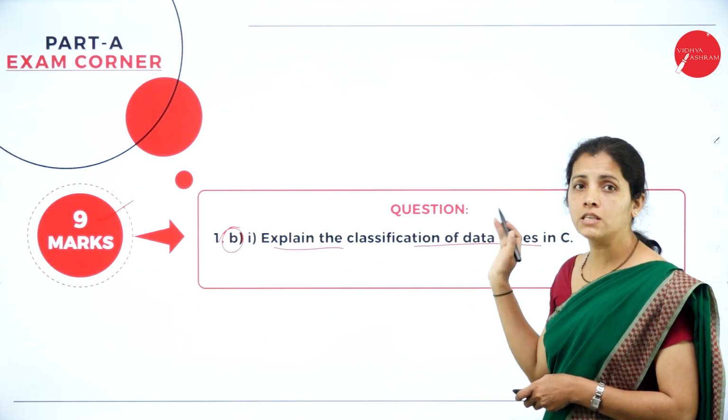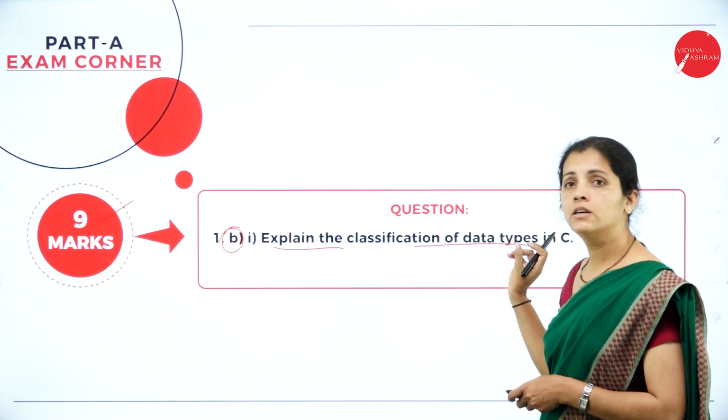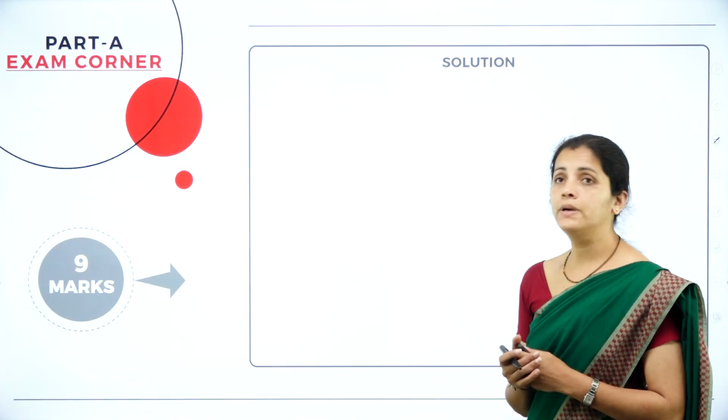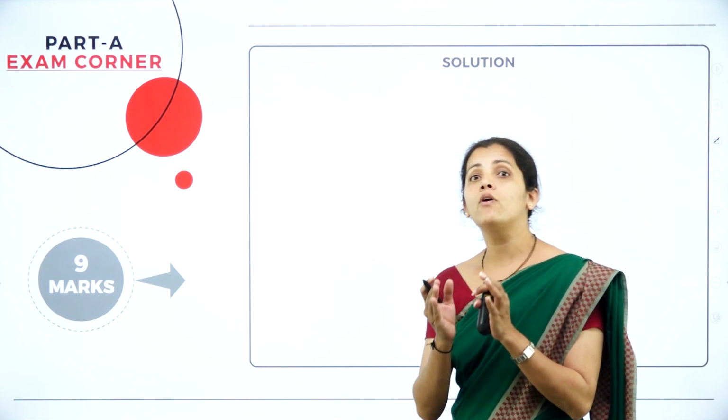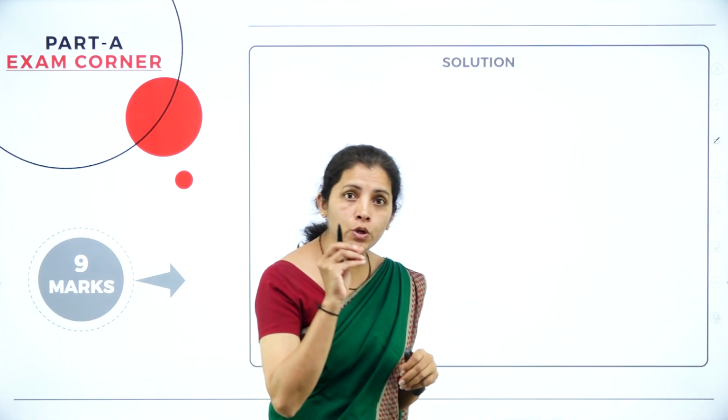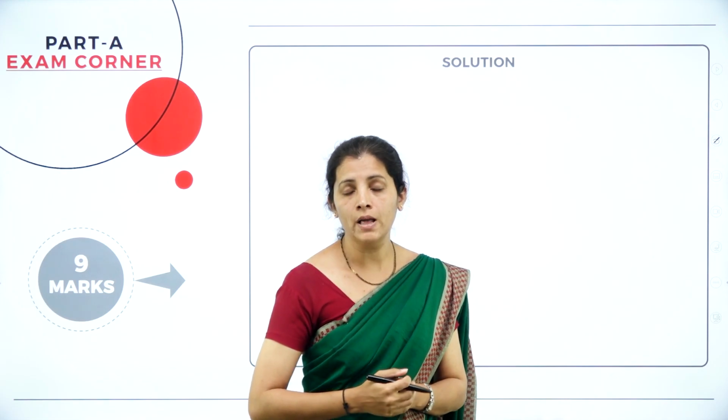So first start with what is a data type. Data type is nothing but the type of the value. So what type of value I'm going to use in my program, that is known as data type.